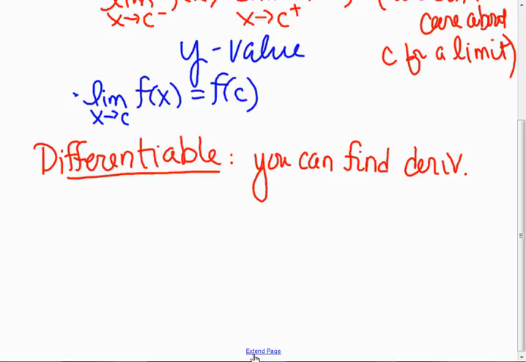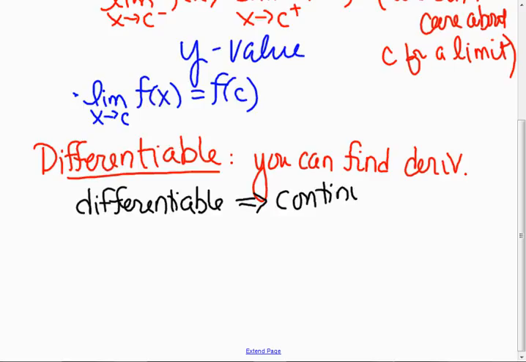And Evelyn says, if it's differentiable, then, the way she said it, differentiable implies continuity. So when they tell you that your function is differentiable, then you know it's continuous.